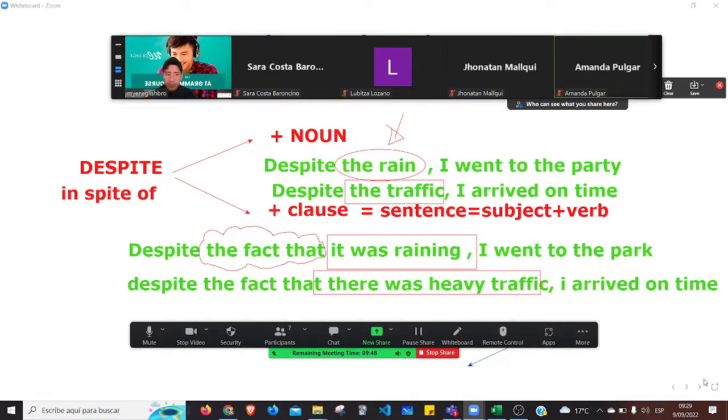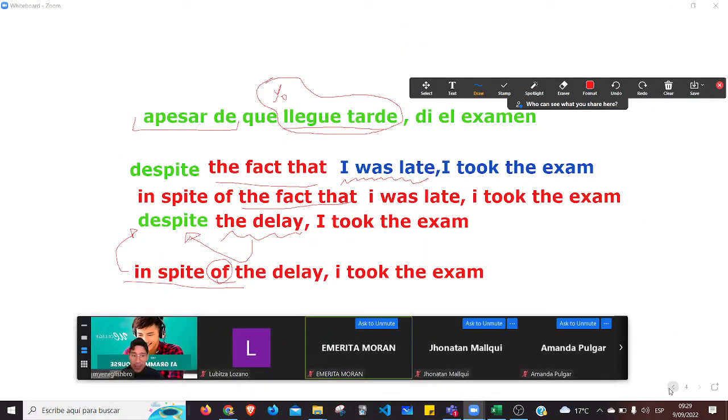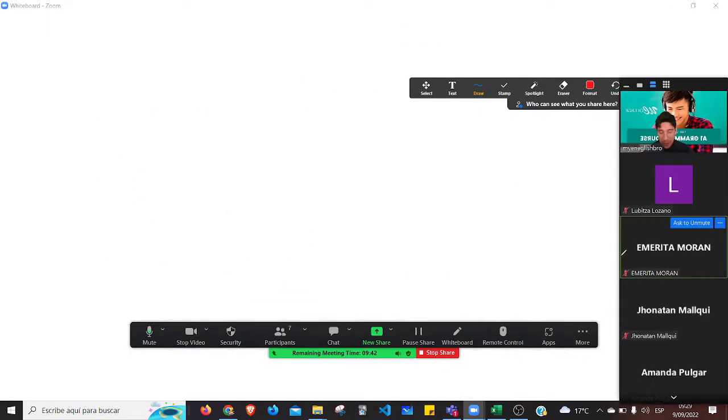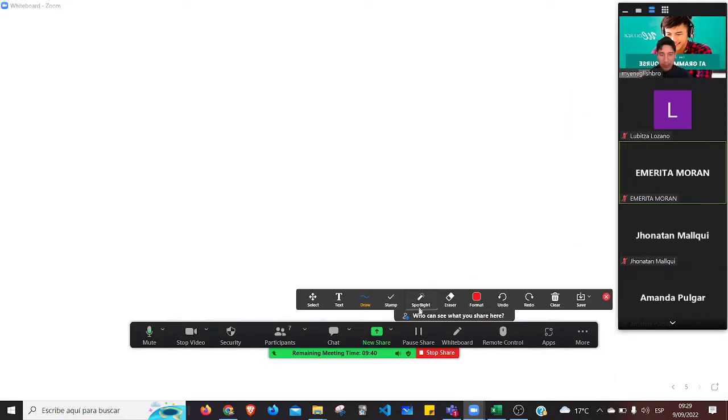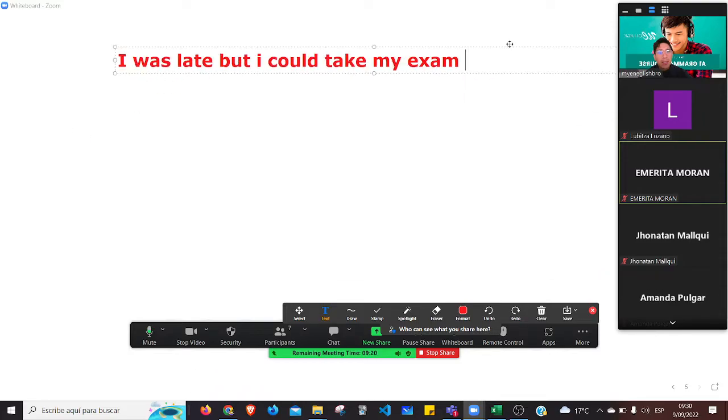Okay, now we're going to do the most difficult one. If you don't understand at first, it's understandable. But the last one and the most difficult one. You have here, look at this. I was late. But I could take my exam. So can you make a sentence using despite or in spite of, please?